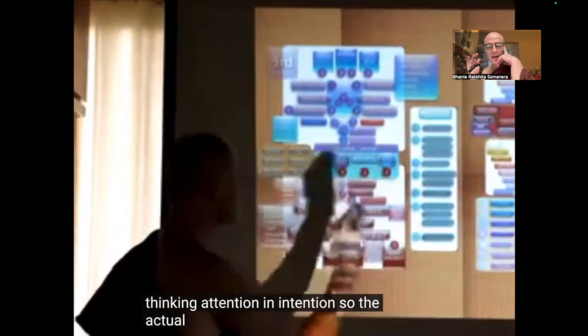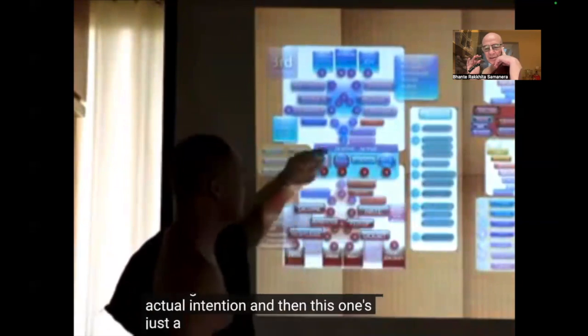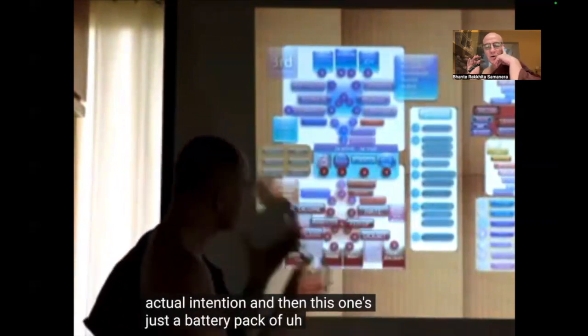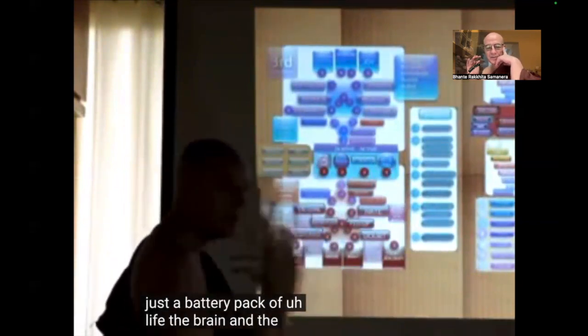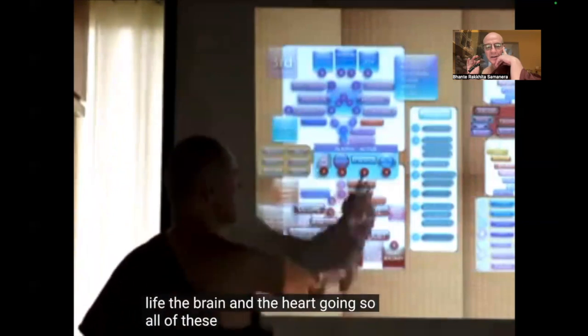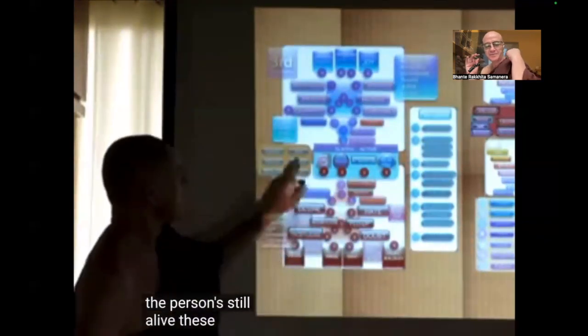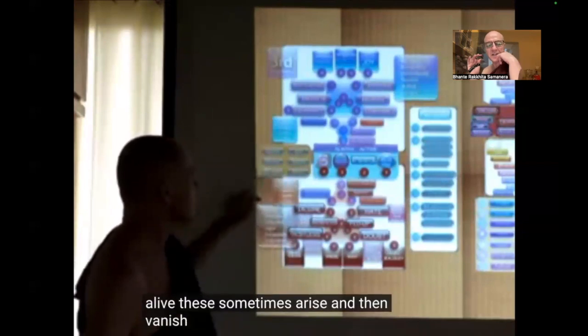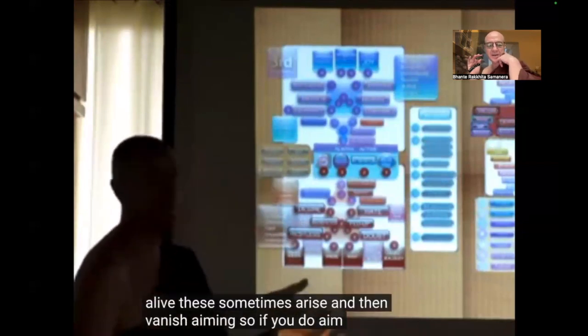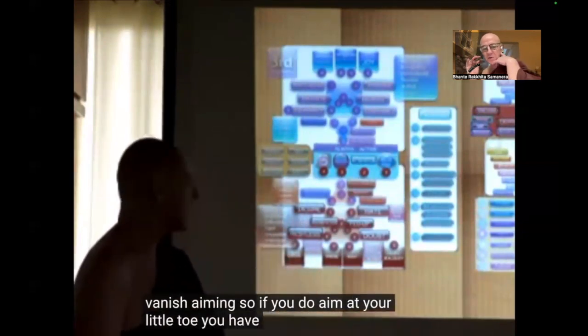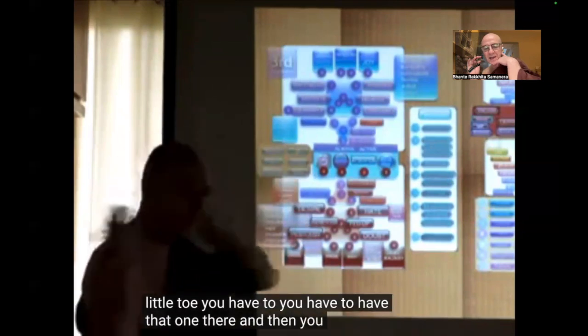So the actual intention. And then this one's just a battery pack of life. Jivitindriya, the brain and the heart going. So all of these stop, and this one's the person's still alive. These sometimes arise and then vanish. Aiming. So if you do aim at your little toe, you have to actually have that one there.